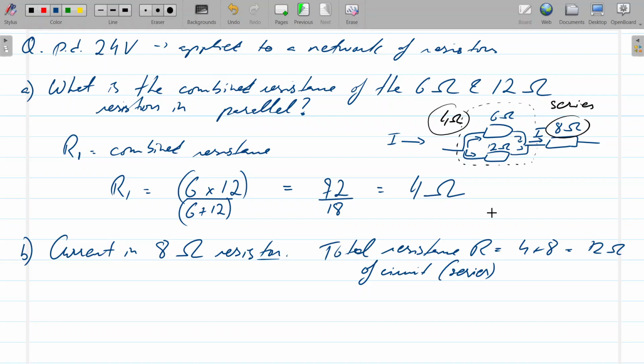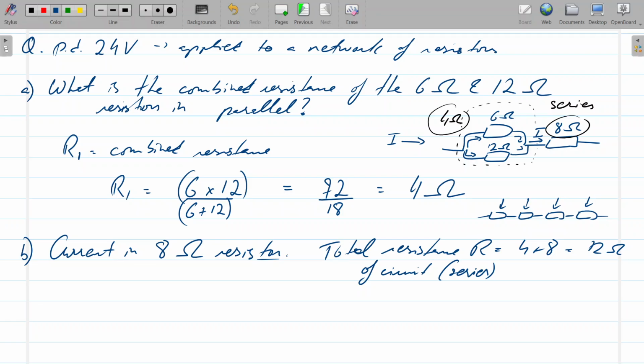Series meaning that these components are connected one after the other. Could you repeat that? The components are connected one after the other. Okay, I got that.